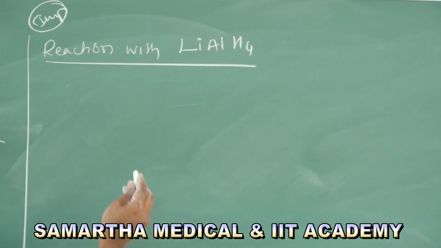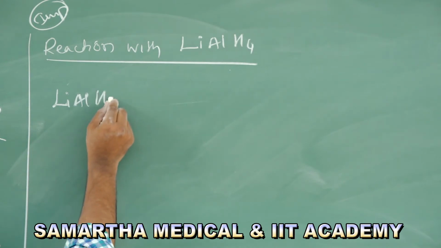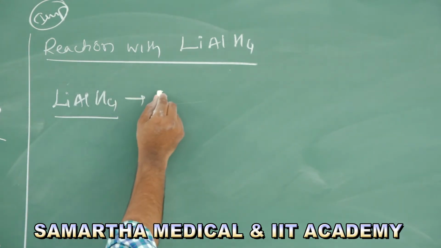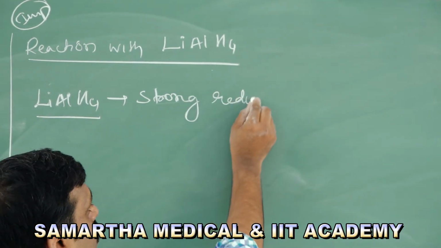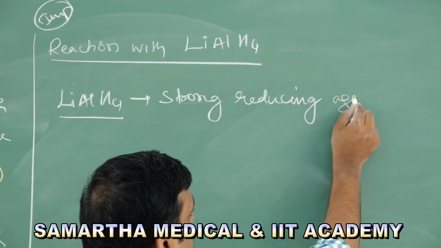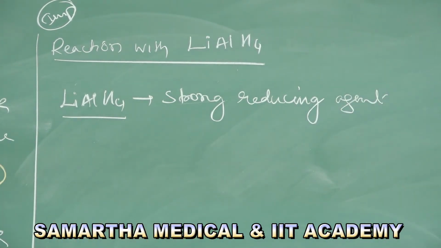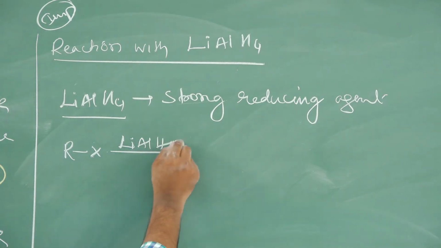Lithium aluminium hydride is one of the strong reducing agents. So how does alkyl halide react with a strong reducing agent, lithium aluminium hydride?